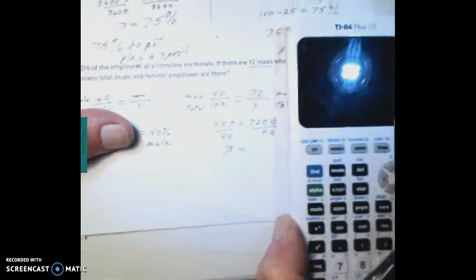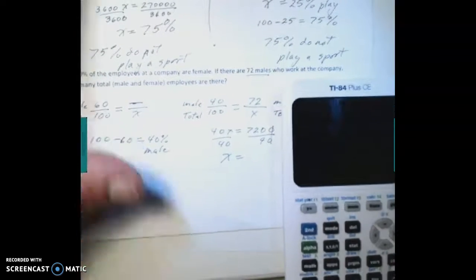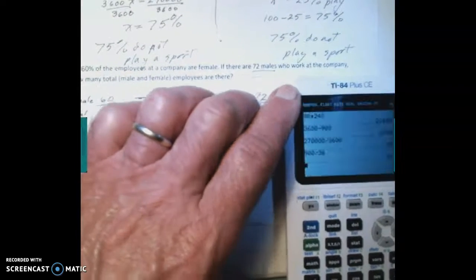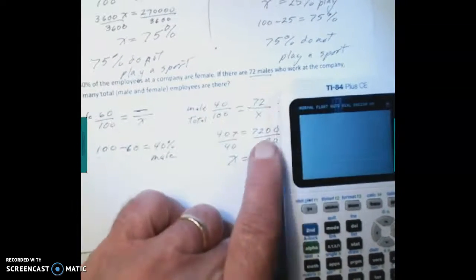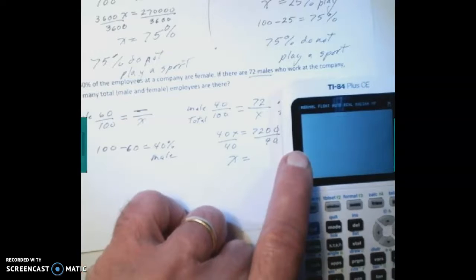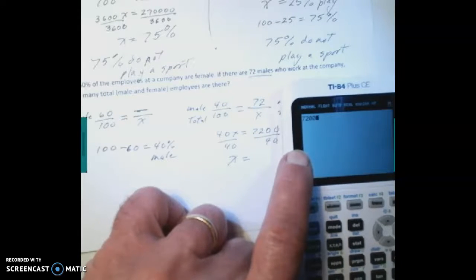Okay, I'm going to go to the calculator. And I'll even type it in the way it was, 7,200 divided by 40.